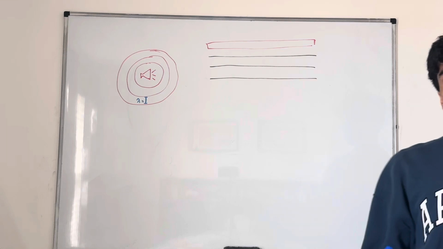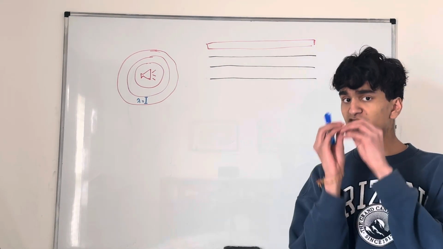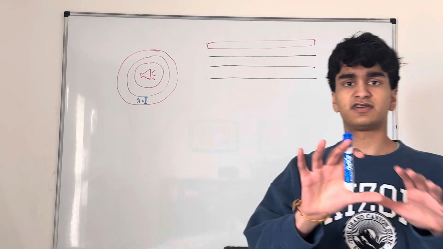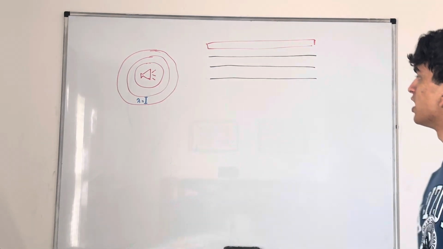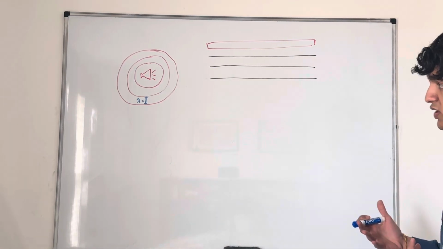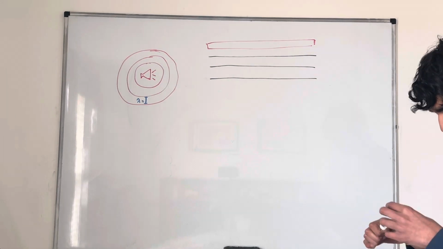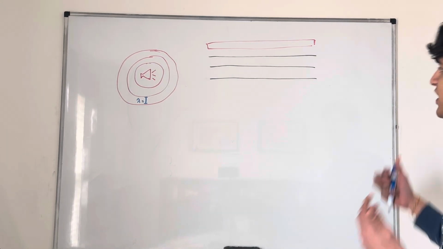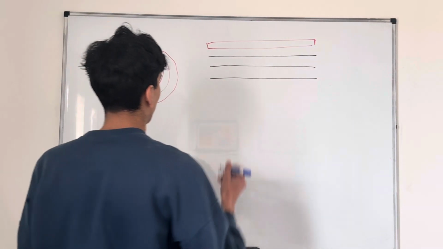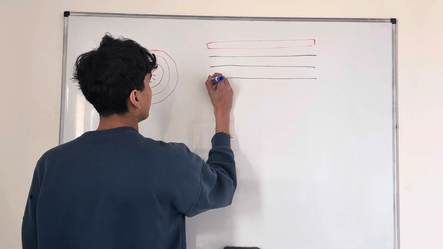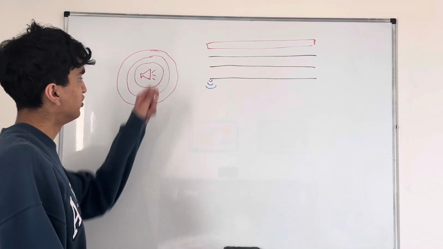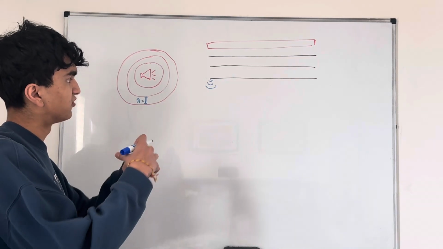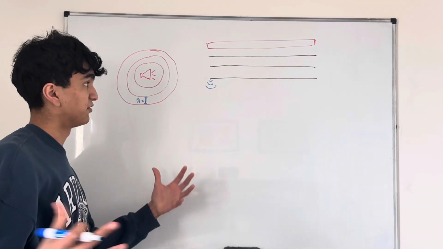So Huygens' principle tells us that the next wavefront that will be created after a certain amount of time comes from imagining each point on this wavefront to be a source of wavelets, a secondary wave.